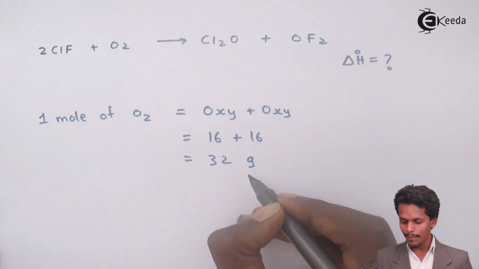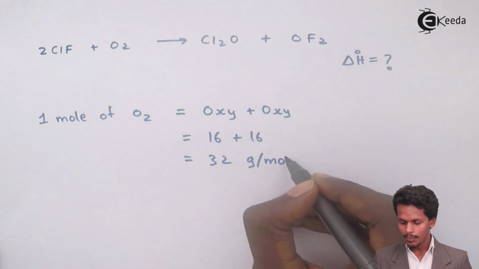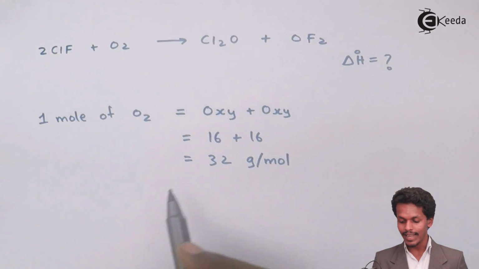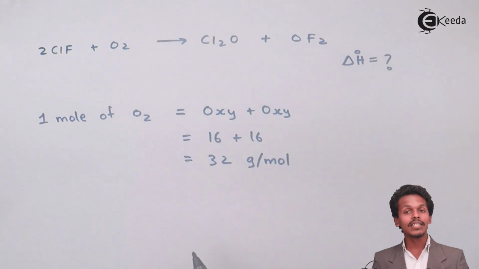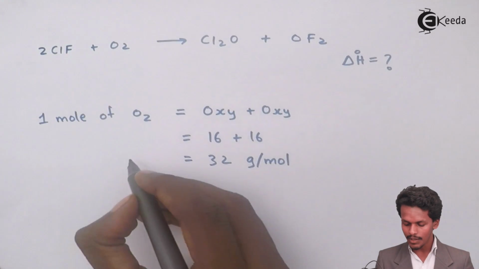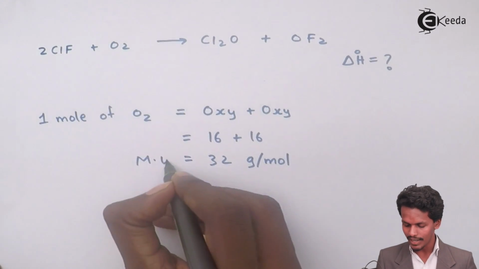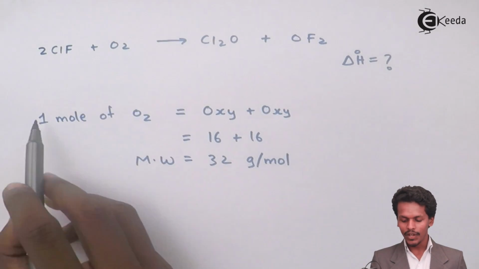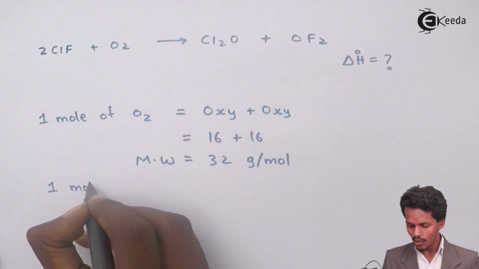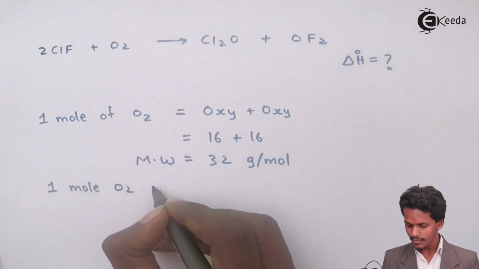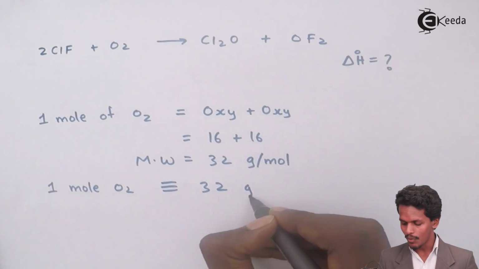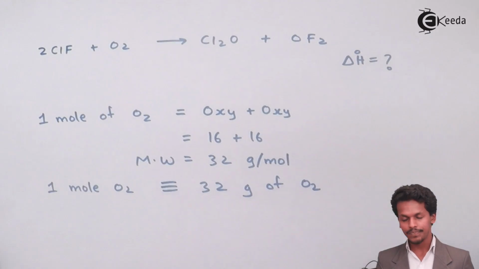So 32 gram per mole would be the molecular weight of oxygen, or I could say that 32 gram is the one which consists of 1 mole of oxygen molecule. So 1 mole of oxygen is equivalent to 32 gram of oxygen.